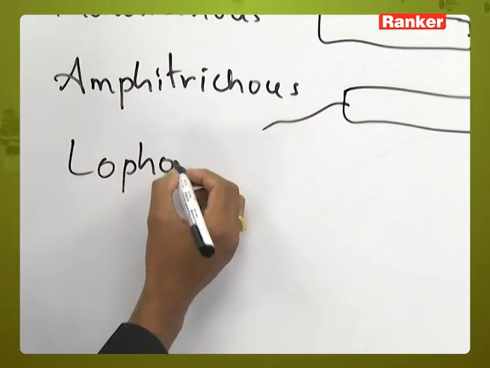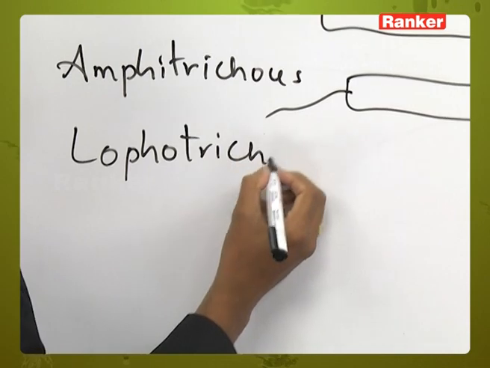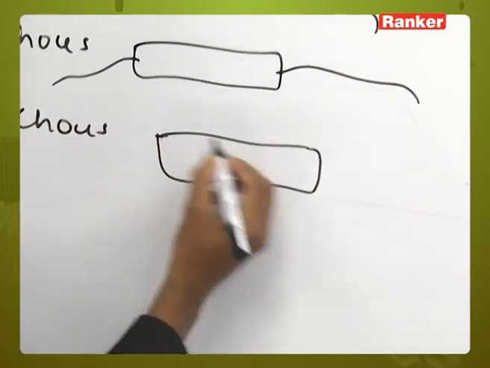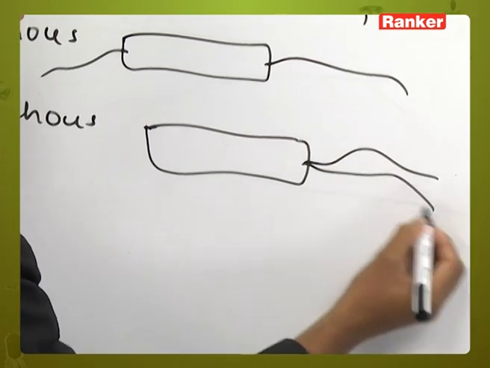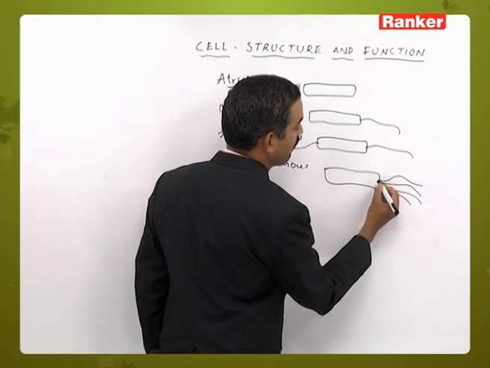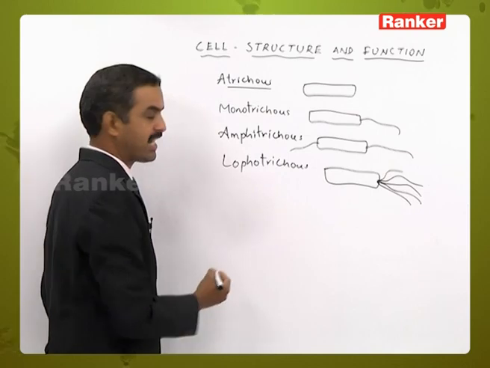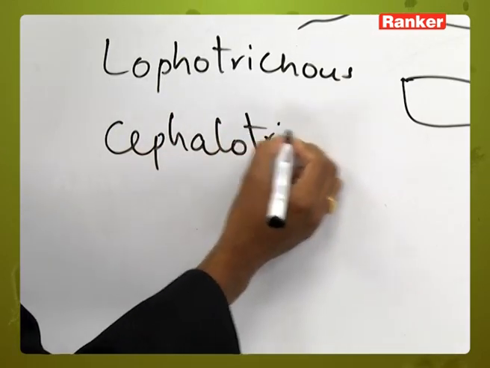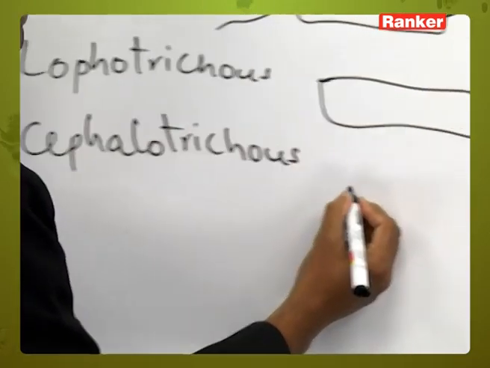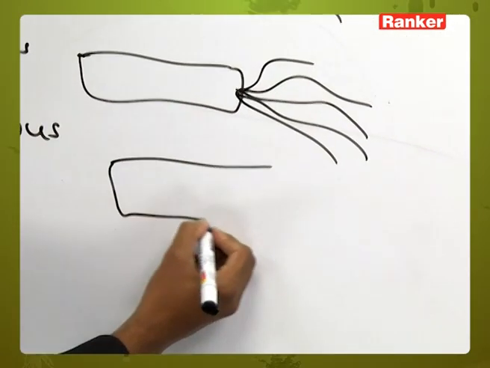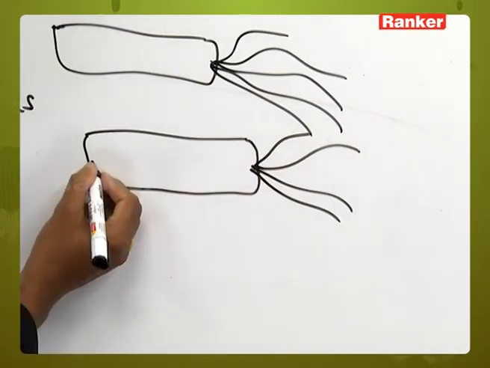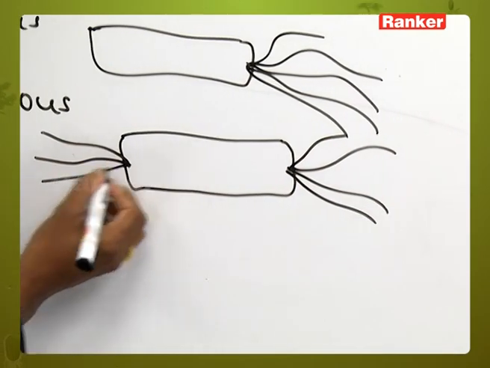Lophotrichous: the bacteria which contain a group or tuft of flagella on one side or one pole. Cephalotrichous: the bacteria which contain a tuft of flagella on both the ends.